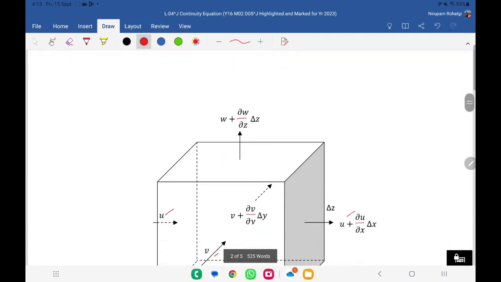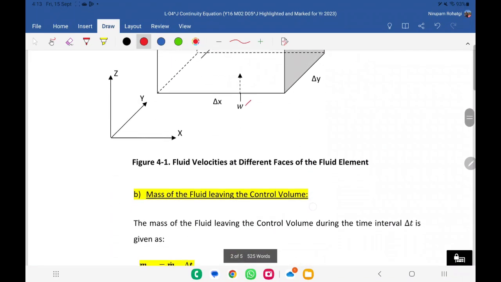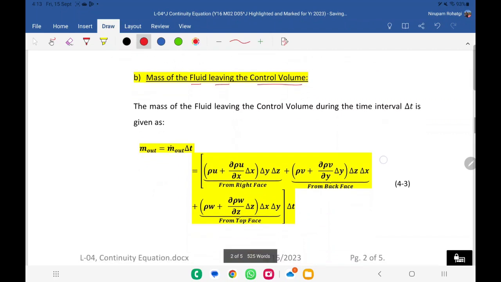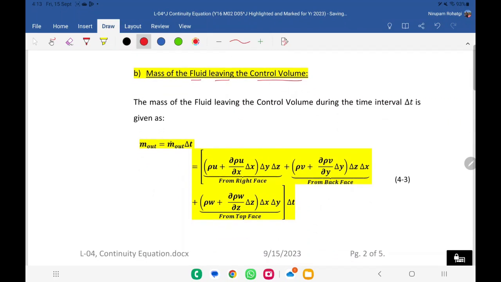Then we calculate the mass of the fluid leaving the control volume. Again, m out, the mass which has flowed out, is equal to m dot out, the rate of mass flowing out, into delta t.